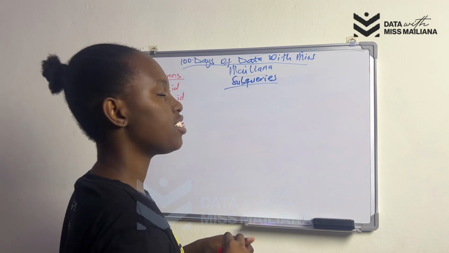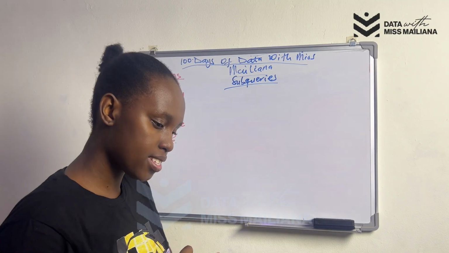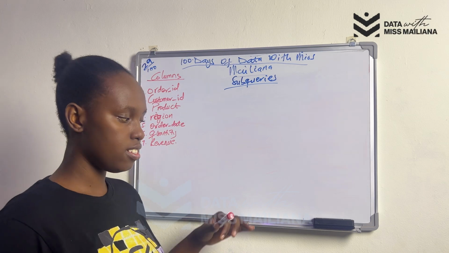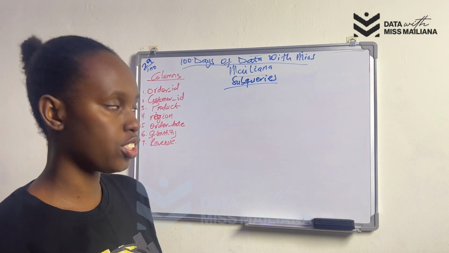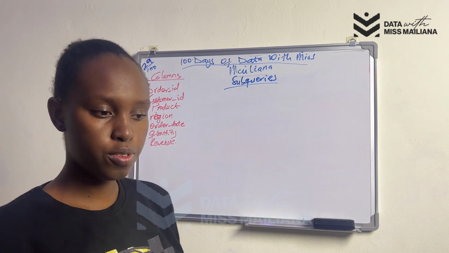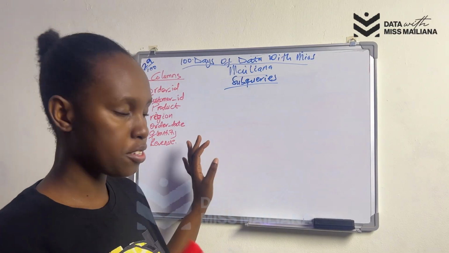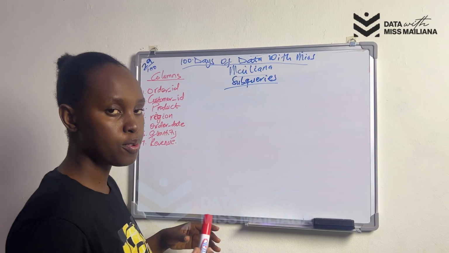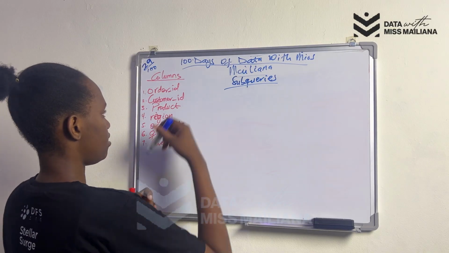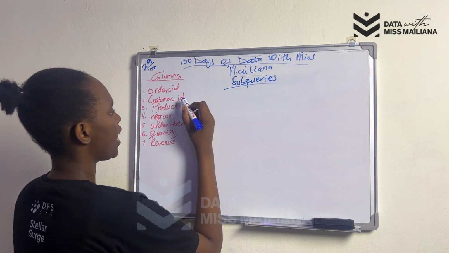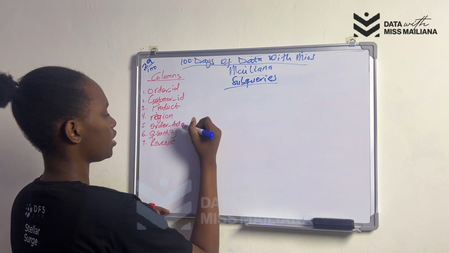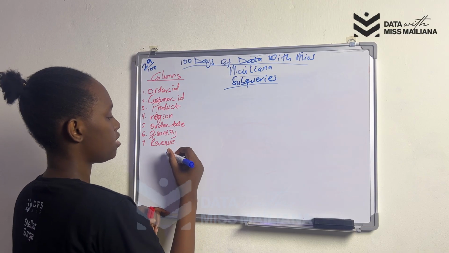So as you know, SQL is a tool that helps you deal with a lot of business questions, and subqueries also help you do deeper dive business questions. For example, we have a table that has these columns: order ID, customer ID, product, region, order date, quantity, and revenue.